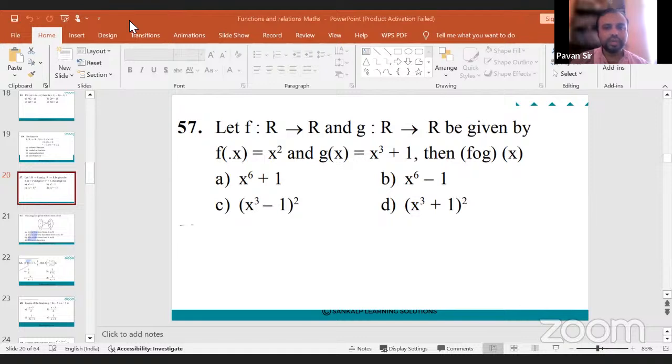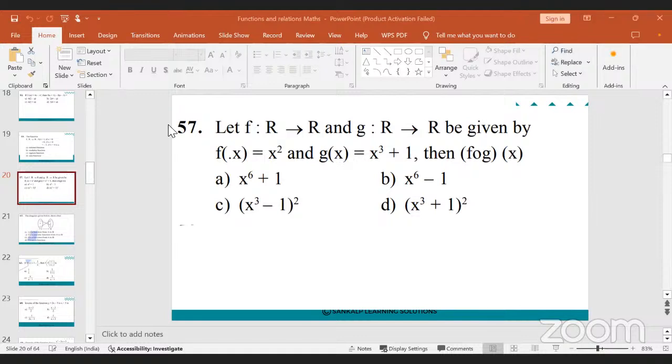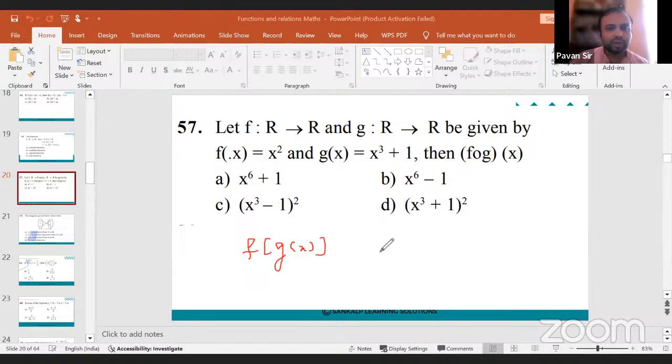Jyoti has given option D as the correct answer. Let me see. So f composition g of x is nothing but f of g of x.